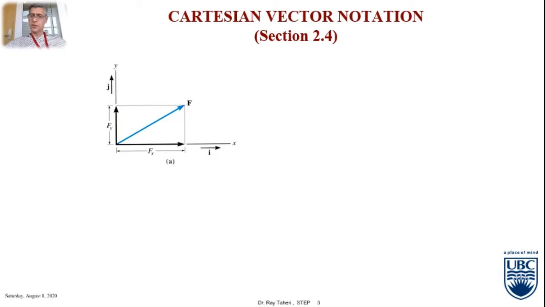X, usually we call it the unit vector i, and i is a vector with a length or magnitude of 1 in the x direction. j is a vector with a magnitude of 1 in the y direction.